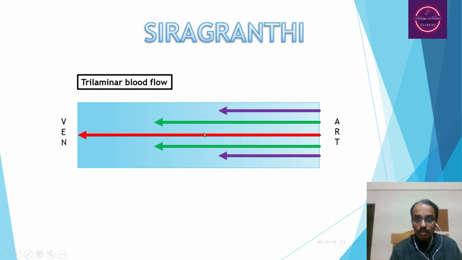The center is considered to be having the lighter substances, that is the RBCs etc. In the periphery, it is considered to be the WBC etc. moving, and still at the periphery, the fluid such as plasma protein or the electrolytes or the water etc. will be moving.